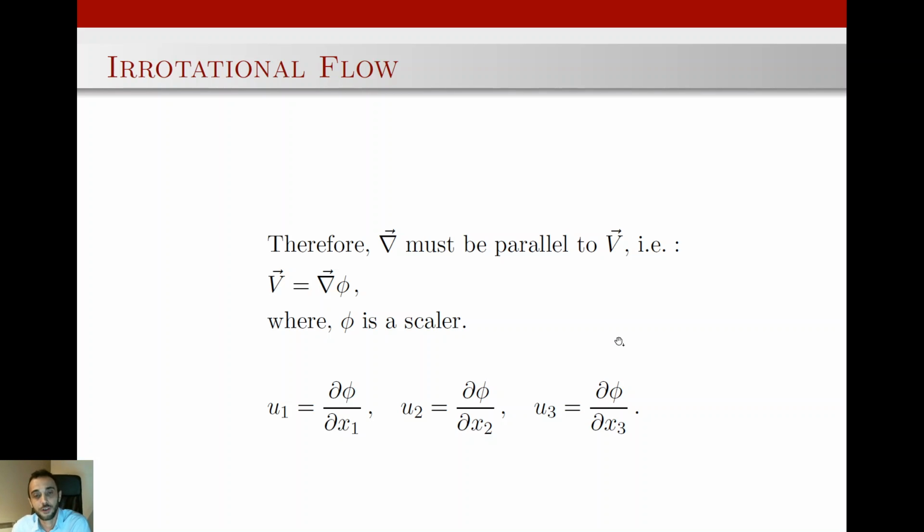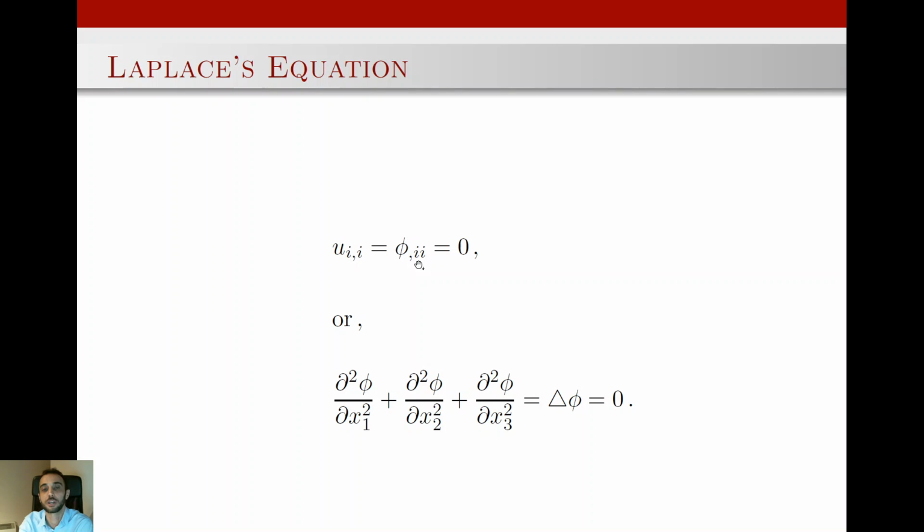We call this phi velocity potential. And if we substitute now d phi dx1, d phi dx2, and d phi dx3 instead of u1, u2, u3 respectively in the continuity equation, then we will get this equation, which in expanded form is shown here and known as Laplace's equation.